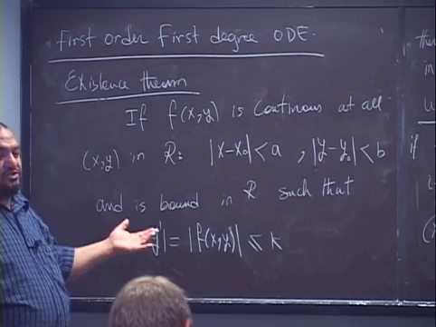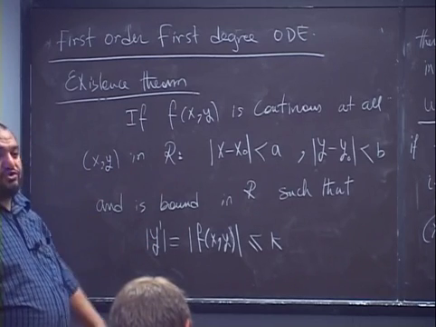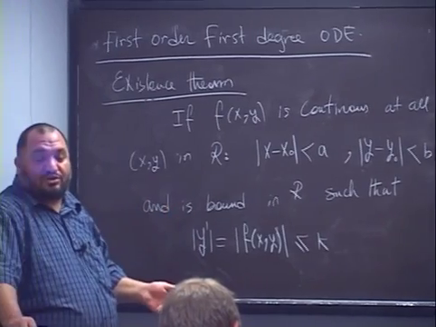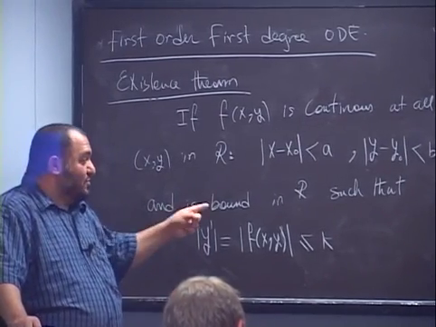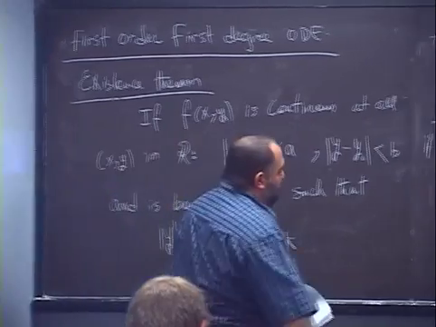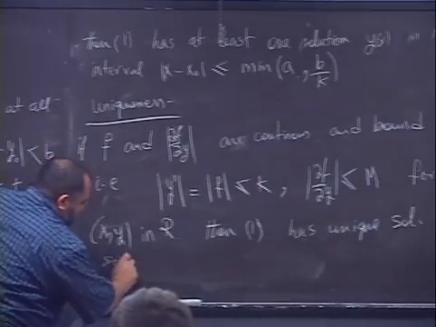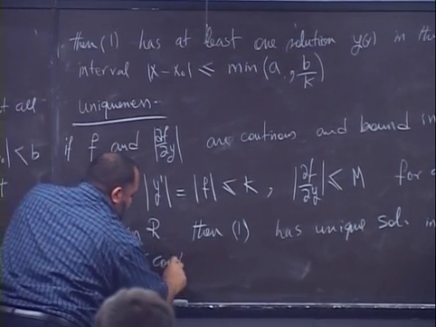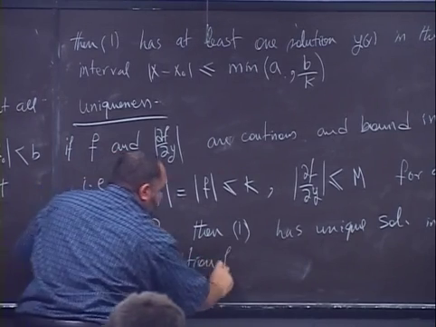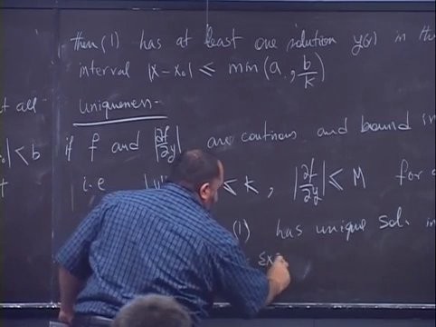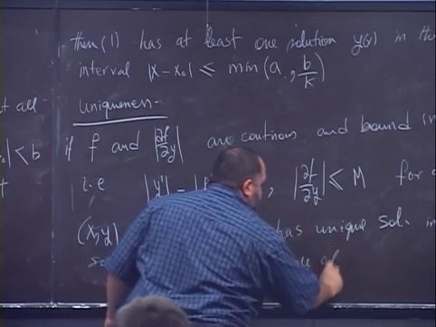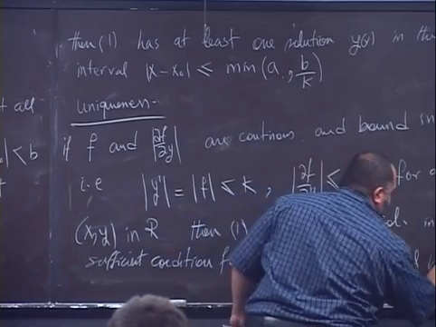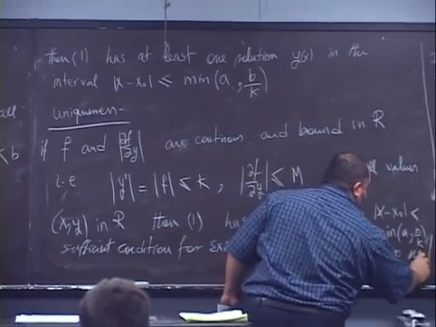Maybe you will have functions f of x and y that do not satisfy those two conditions, and they still have a solution for the differential equation, and this solution is unique. So this is why we call this a sufficient condition for existence of a unique solution, but not necessary.